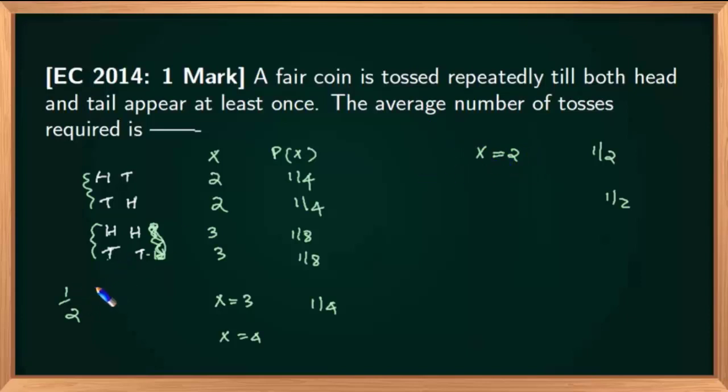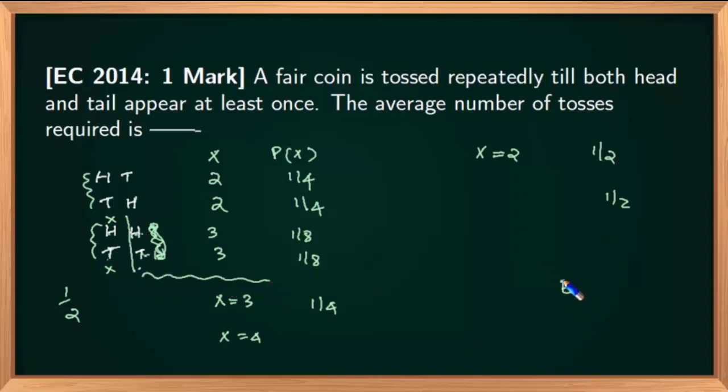Now with half probability, when I get a head followed by a head, this first head is wasted, because if it is a head, I require a tail, and if it's a tail, I require a head. So when head follows a head and a tail follows a tail, the first toss is wasted, which means that from here I am starting the experiment again.